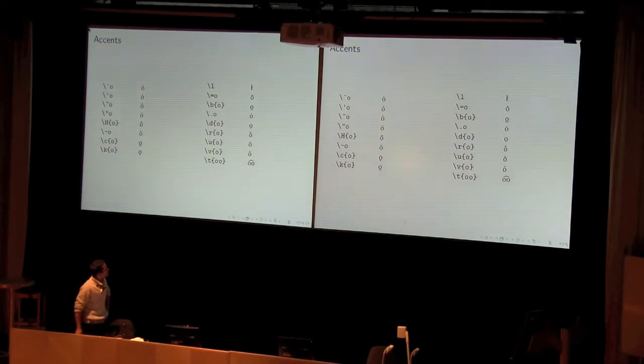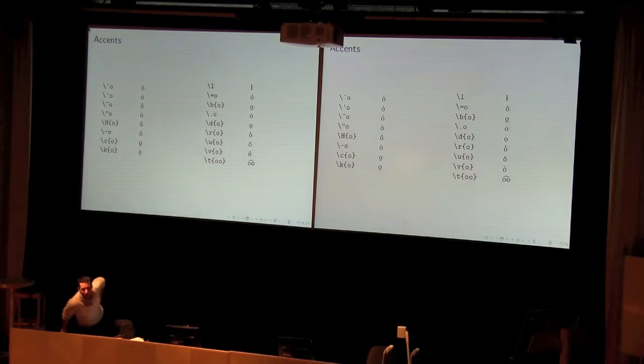Okay, do you see why sometimes we have put, for example, on the first line a backslash, a character, then the O, and on the fifth line we have the backslash, the H, and between curly braces, the O. Any idea?